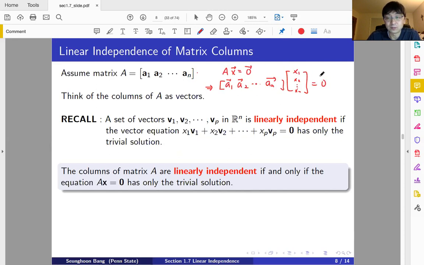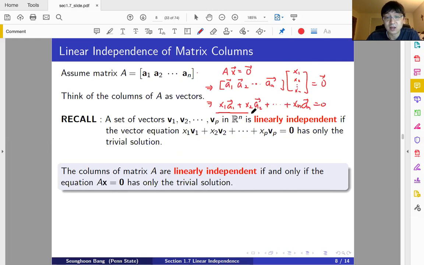So what does it mean? This is X1 times vector A1 plus X2 times vector A2, keep going, plus Xn times vector AN equal to 0.